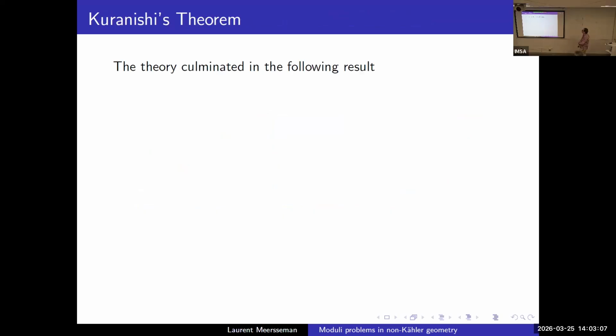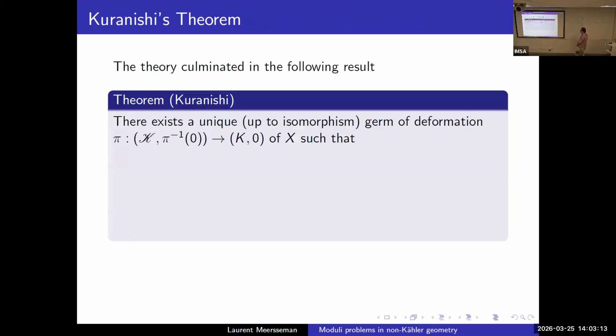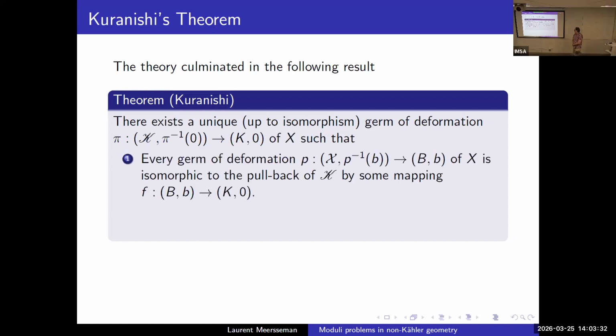Of course, the theory culminated in a result by Kodaira in '62 that tells you that there exists a deformation, which I will call Kodaira deformation or rather Kodaira family, of X, which is unique as a germ, and has two properties. It contains all the other deformations. That means that if you have another deformation of X, it is obtained as a pullback of the Kodaira family by some holomorphic mapping.